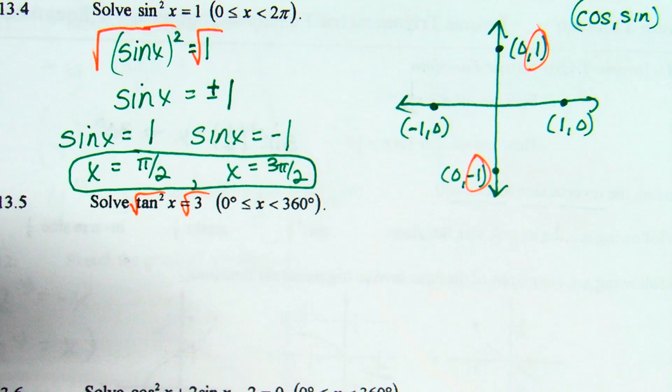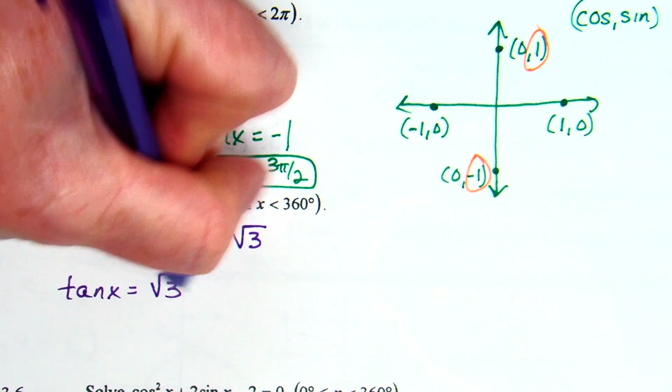Square root of tangent squared x equals 3 is going to be tangent x equals plus or minus square root of 3. So officially I'm solving two equations. I want to know when does tangent x equal positive square root of 3 and when does tangent x equal negative square root of 3.